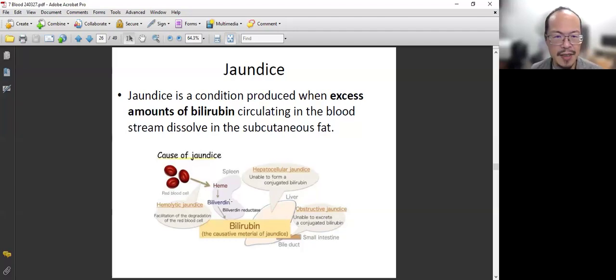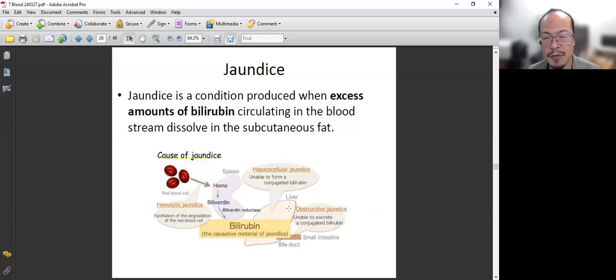So you can see that a cause of jaundice could be hemolysis. So if you have too many red blood cells disrupted, this could be caused by a virus. It could be caused by some other disease, or it could be the liver.